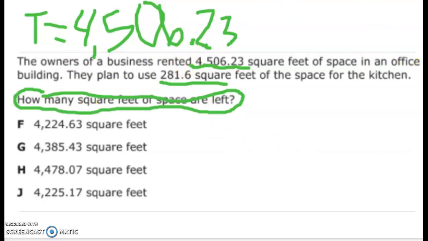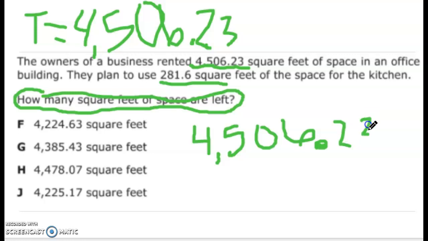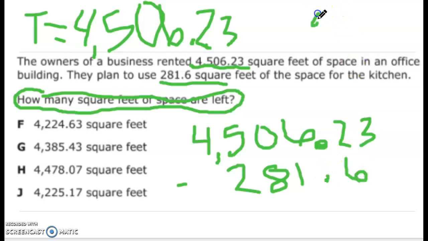So remember, first step, write the larger number on top. So 4,506, you can add that comma if it helps, and 23 hundredths minus 281 and 6/10. 6/10 is equal to how many hundredths? 60.